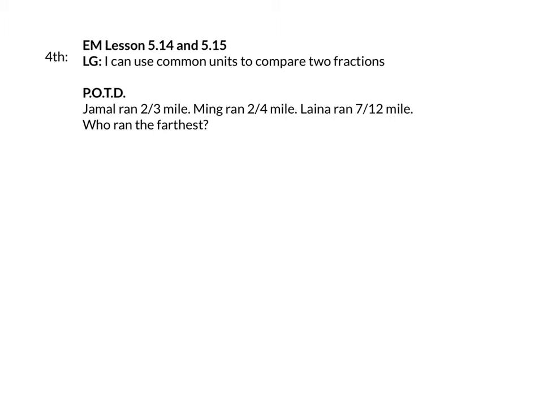Okay, so we have to figure out who ran the farthest. Now, we know that Jamal ran 2/3 of a mile, and Ming ran 2/4 of a mile. Right off the bat, do you see any common numbers there? 2/3 and 2/4. What number is the same? 2, right?